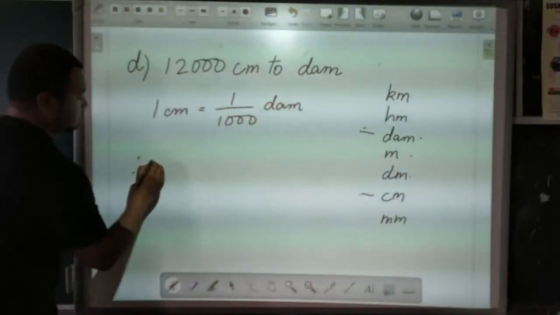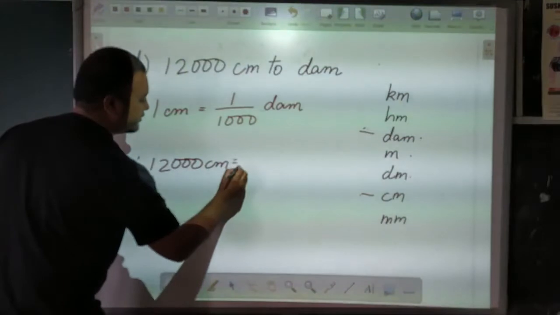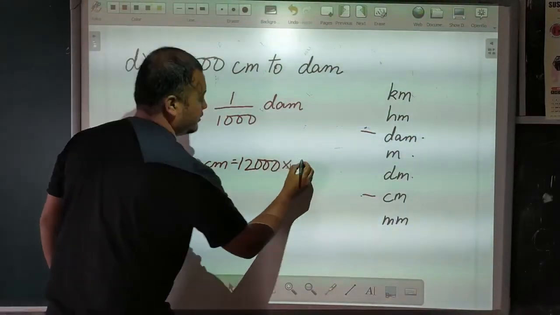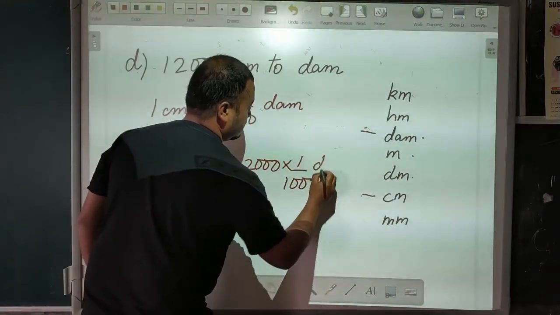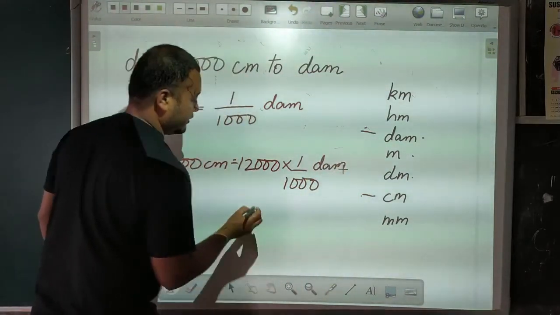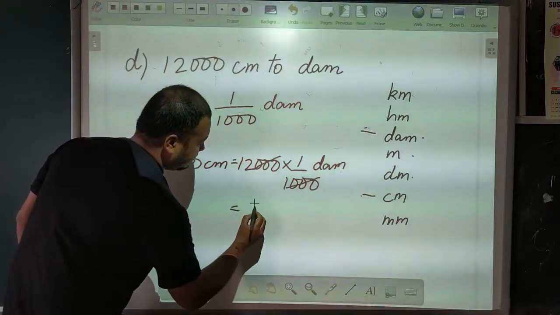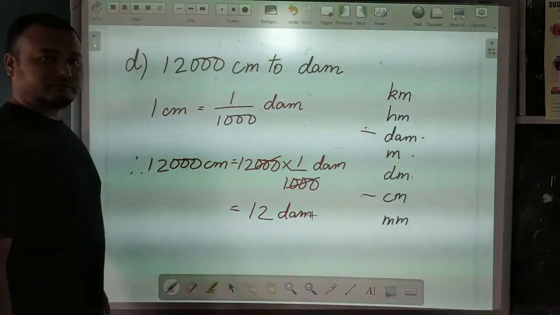So therefore, 12,000 centimeter is equal to 12,000 multiplied by 1 upon 1,000 decameter. 3 zeros and 3 zeros they cancel out, and then you have 12 decameter.